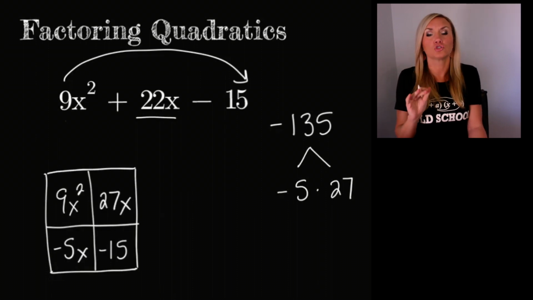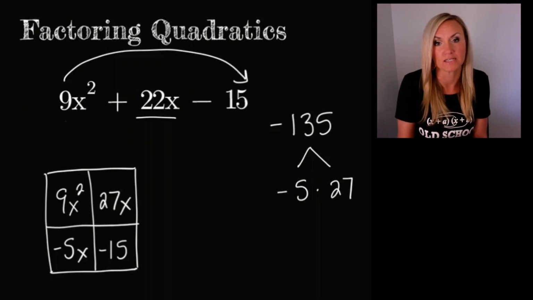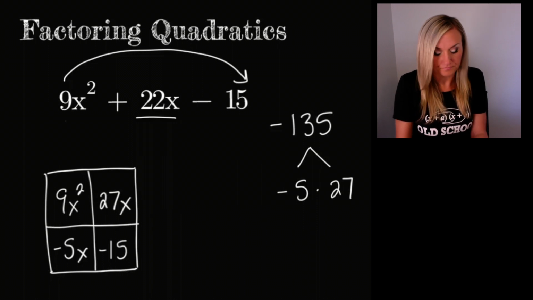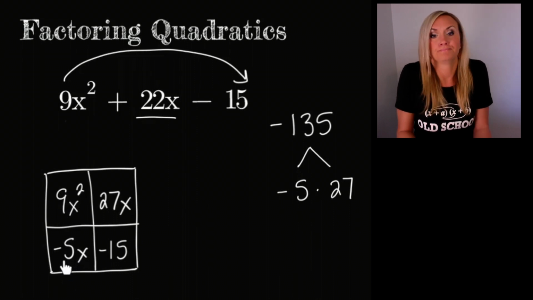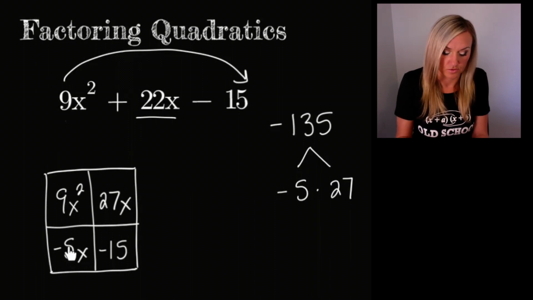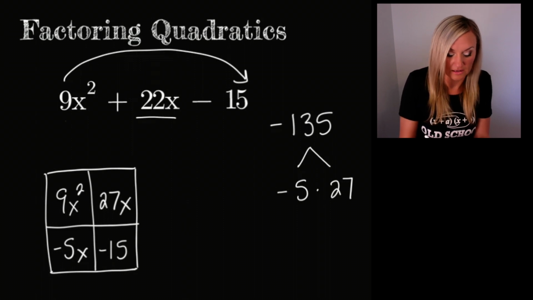And now let's slow it down on pulling out our greatest common factor. All right, so right away, this is what my brain says. It looks at the 9, it looks at the 5, and I can't divide any of those by anything other than 1, but I can divide them both by an x.